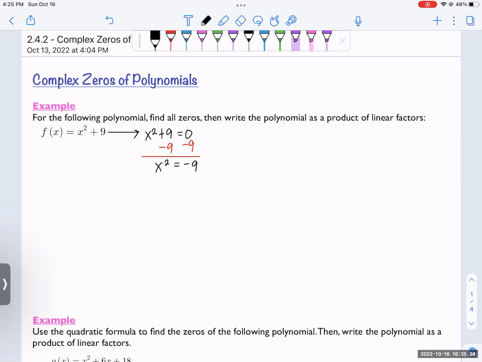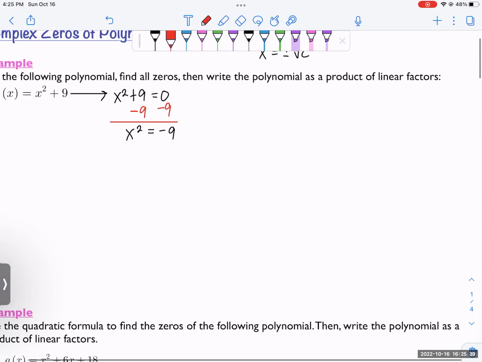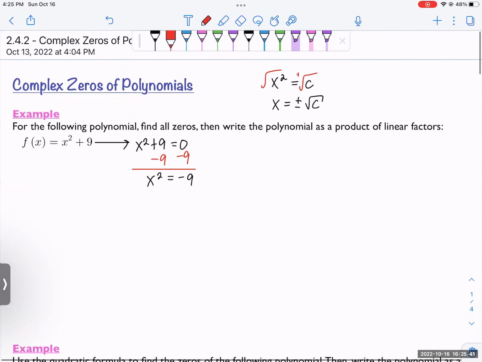Remember, the square root principle says that if x squared is equal to a number, then x is equal to plus or minus the square root of that number. It's the same idea as taking the square root on both sides, but you add in a plus or minus if you do that.